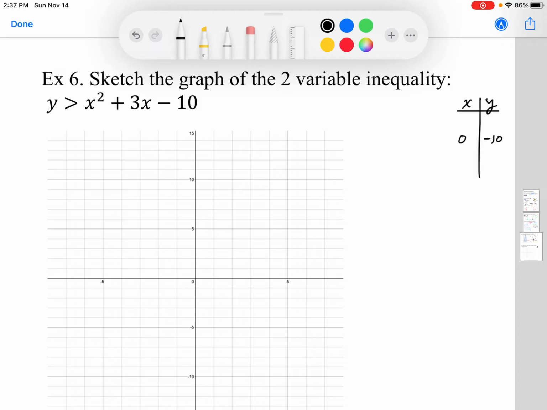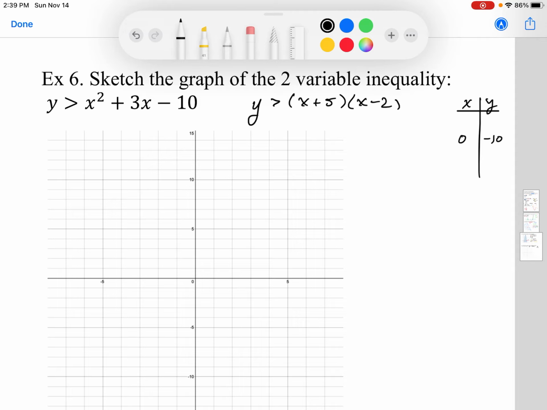I can complete the square to get the vertex, or I can factor to get zeros. By inspection, this is probably easily factorable. Two numbers that multiply to negative 10 and have a difference of positive 3 are 5 and negative 2.